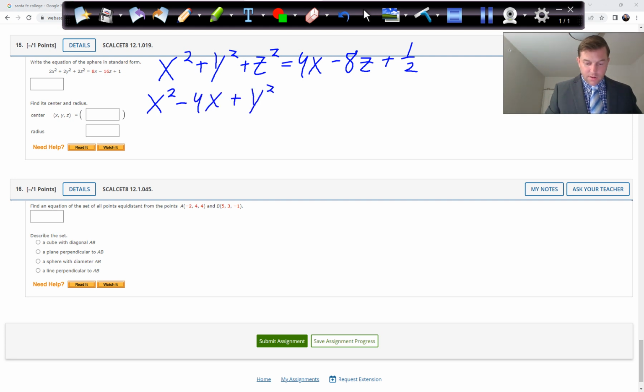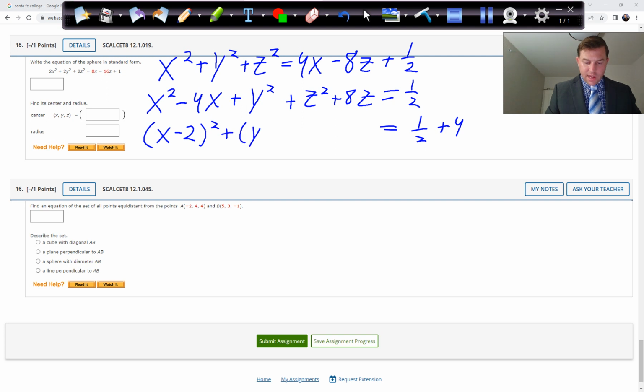Y squared, there is no other y term, so y squared is all by itself. Z squared plus 8z equals 1/2. And now we're going to do the same thing. So we're going to complete the square, x minus 2 squared, which means we're going to have to add 4 to the side. And we're actually going to write this as y minus 0 squared and add 0.